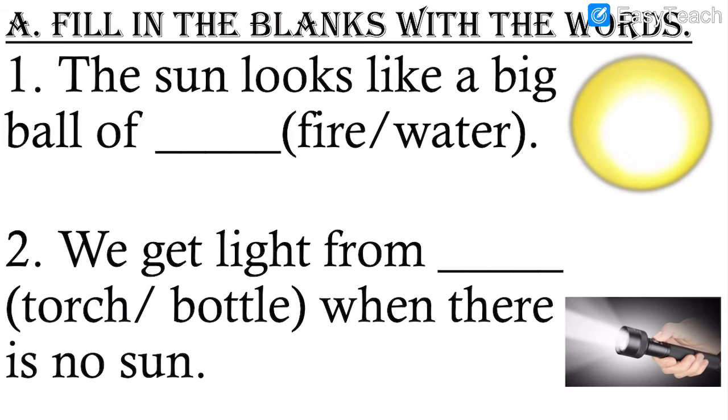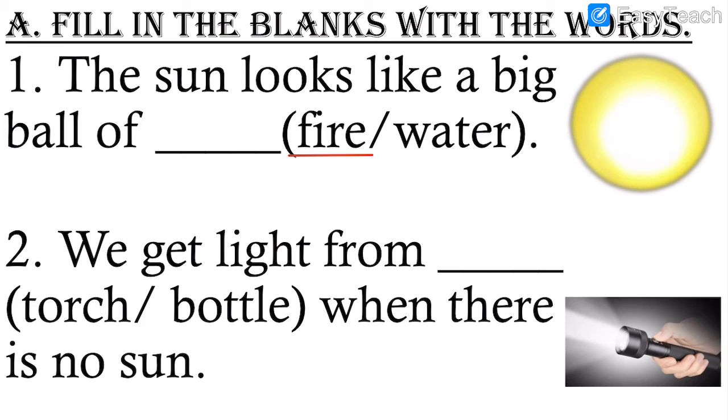Number 1. The sun looks like a big ball of dash. See, here is the sun. Ball of fire or water? We all know the correct answer is fire, right? We have learnt online that it gives out a lot of heat, sun rays.